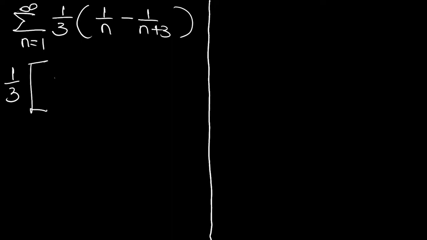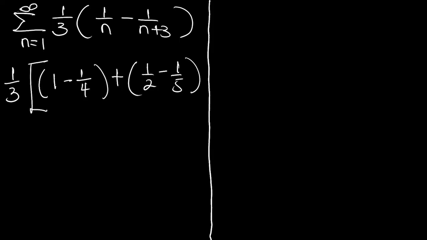So the first term, when n is equal to 1, we are going to have 1 minus 1 over what? 4. Second term, we're going to have half minus 1 over 5. Third term, 1 over 3 minus 1 over 6.